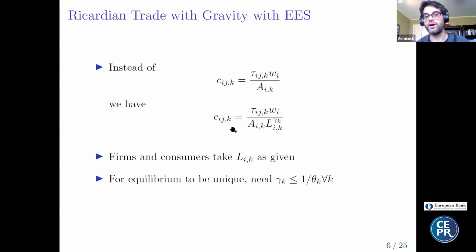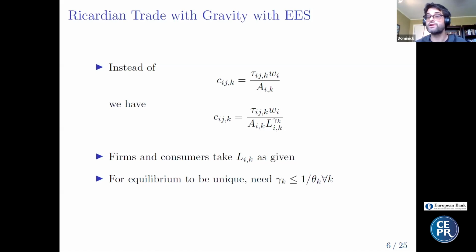We're going to make the cost partially endogenous, and we're going to make it endogenous to the scale of the sector in the exporting country. Okay, so the larger the sector is, if gamma is a positive number, the lower the cost of production are, and hence the higher the sales. Now, importantly, we're assuming that firms and consumers are going to take the size of the sector K as given.